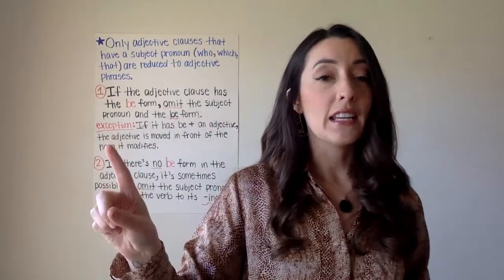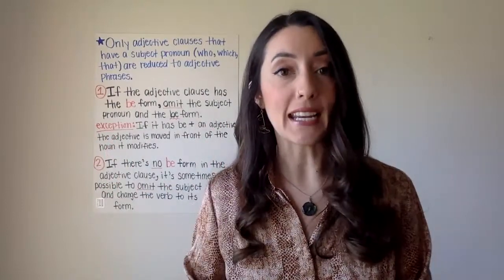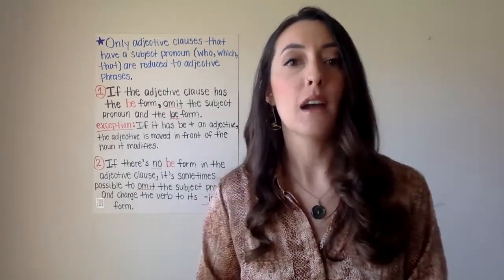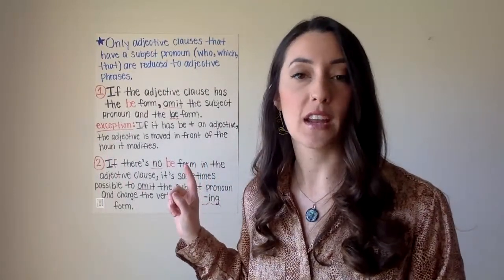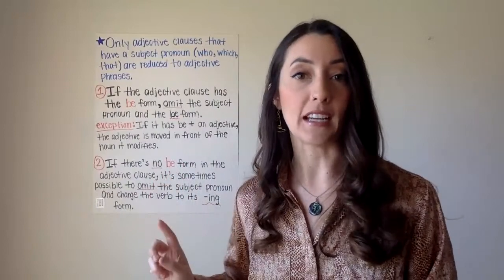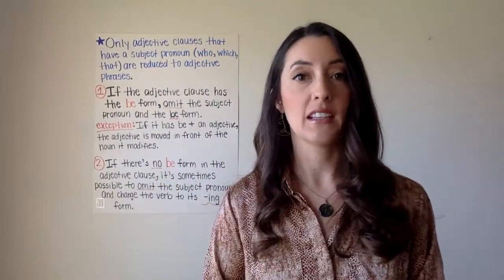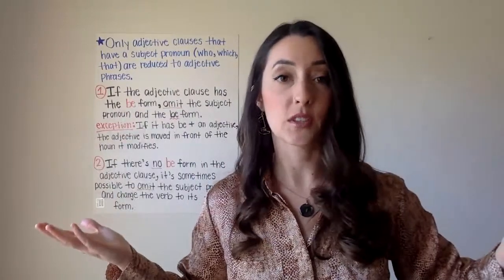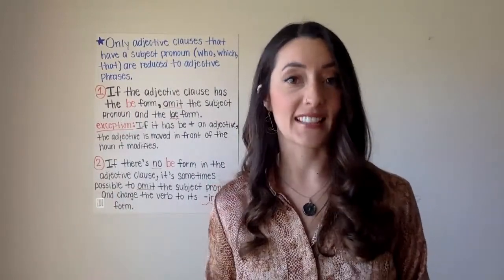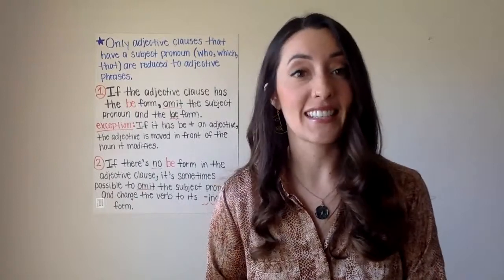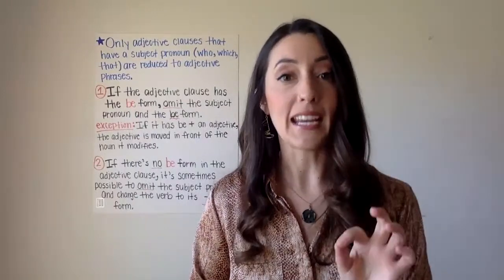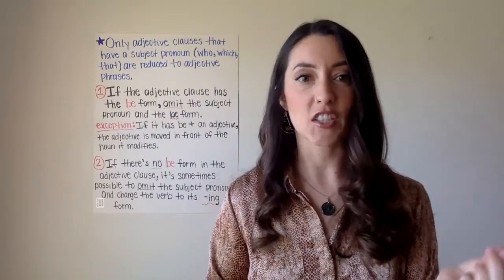Rule number 1, if you see the verb be in any form following the subject pronoun, you must delete the subject pronoun and the form be in the sentence, okay? Take away the subject pronoun and the form be, and you're left with your adjective phrase. That's it. An exception to that is if the form of the verb be is followed by a single adjective.